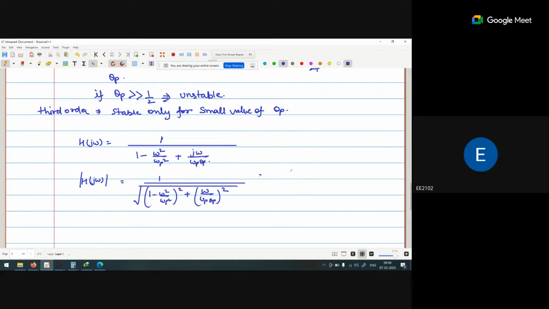If I solve this, it is 1 upon root of 1 plus omega 4 upon omega p 4 minus 2 omega square upon omega p square plus omega square upon Qp square omega p square.